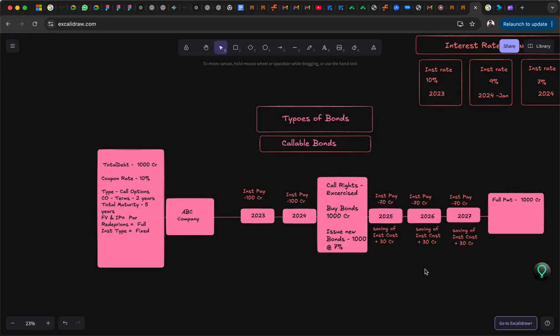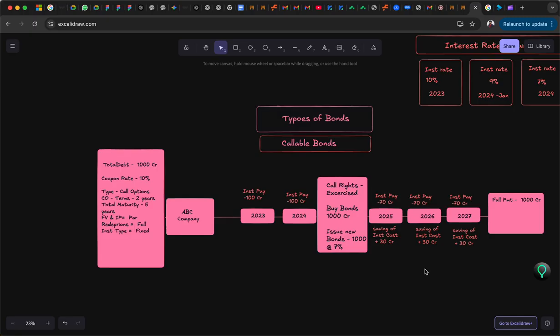You can hire, let's say, XYZ partners who can provide funding to you for a short term, so that you can pay them interest cost, maybe 2 crores, 3 crores, 5 crores, or 1 crore per month, depending on the negotiation. So you can pay them an interest payment for a short funding, for 6 months.